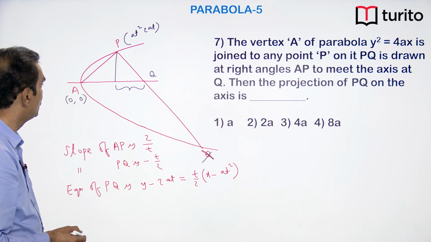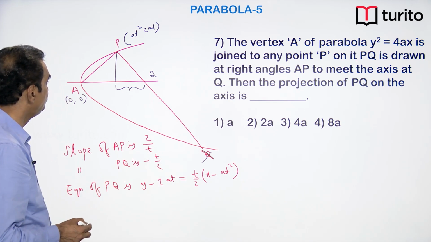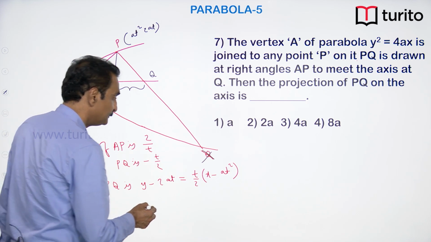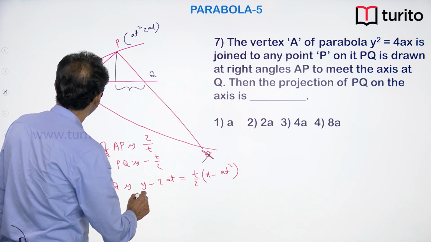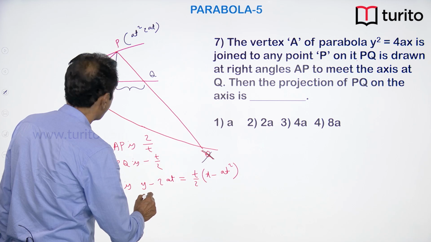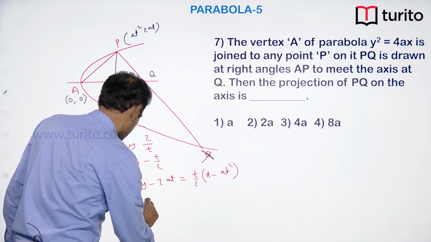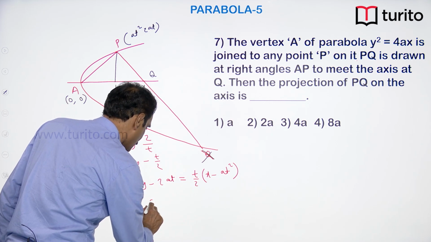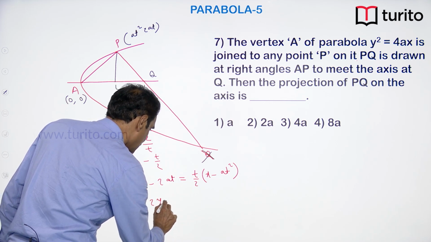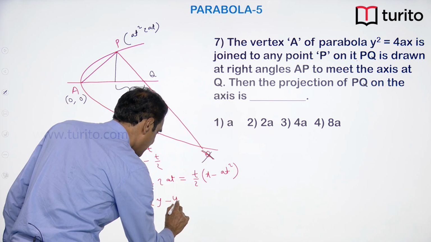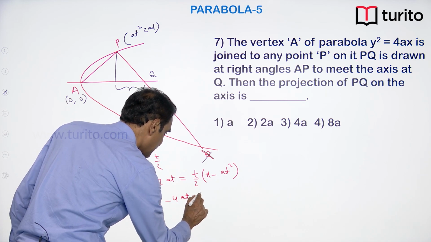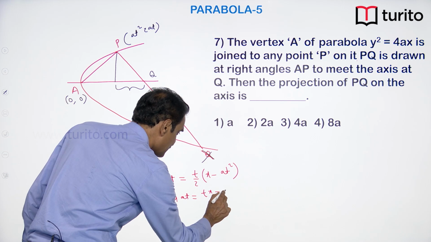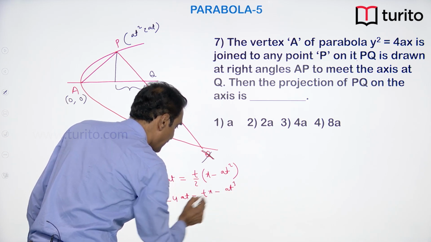Okay. Then what will we get? 2y minus 4AT is equal to minus Tx plus AT cube.